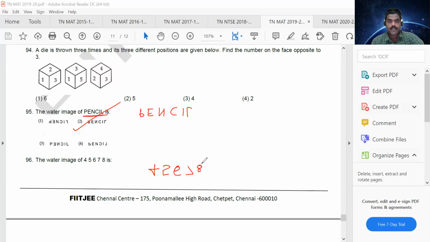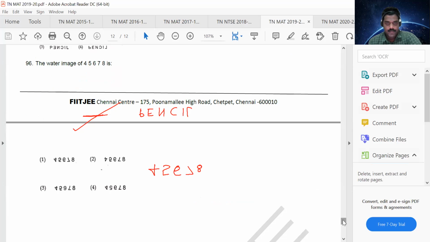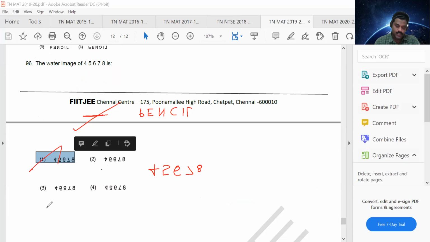Drawing it a little bigger. Now let us see the options, whether we have this kind of option or not. Yes, we have an option, that is your option number 1, right? This one over here, that is your option. That is your answer, right?